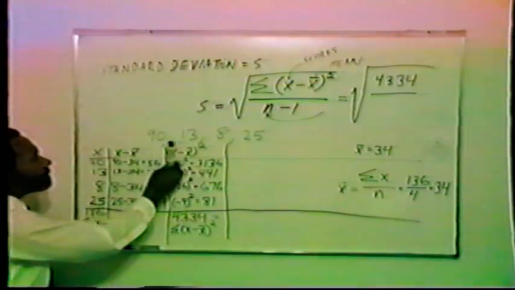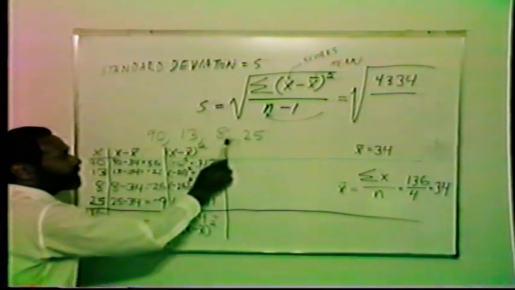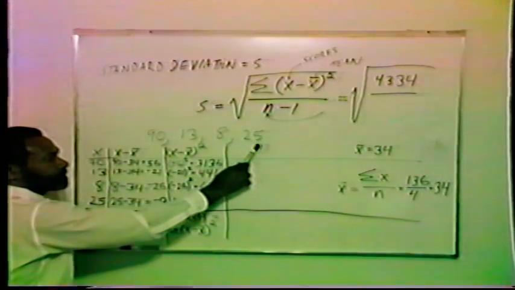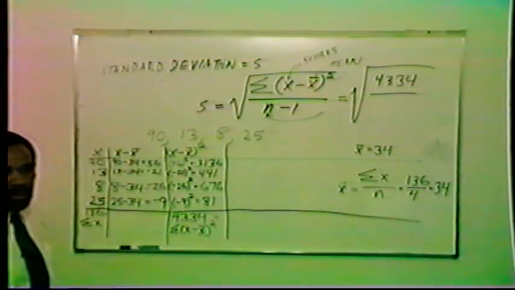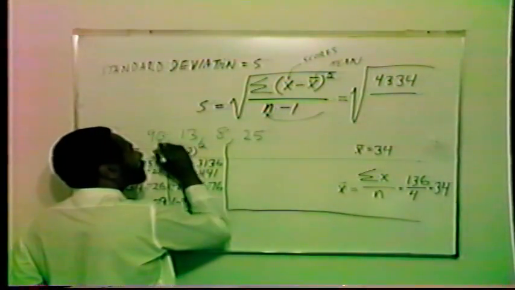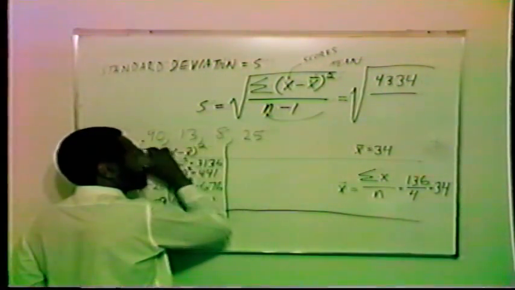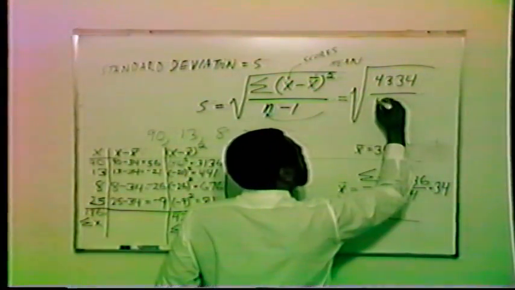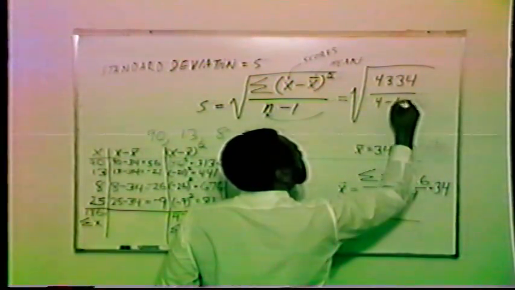Now what would n be in this case for this data set? If you said 4, you're right, because n represents the number of numbers that you have in your data set. And we have 1, 2, 3, 4 numbers in our data set. So our denominator here would be 4 minus 1.